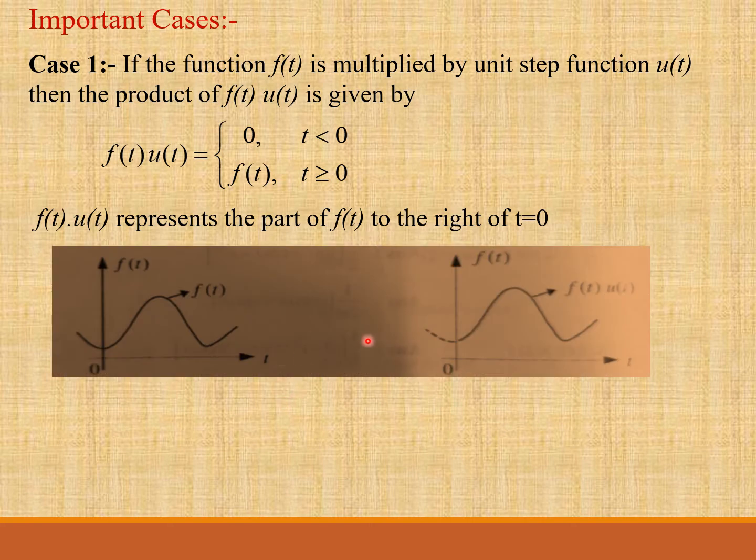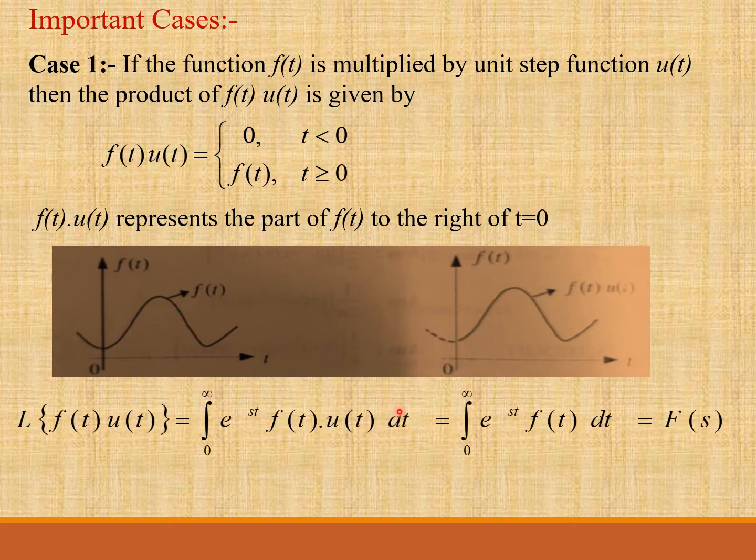With this graph we can see that this is a function f of t, and when this f of t is multiplied with the unit step function u of t, the left portion, the part of the graph which is left of t equal to 0, is cut off.